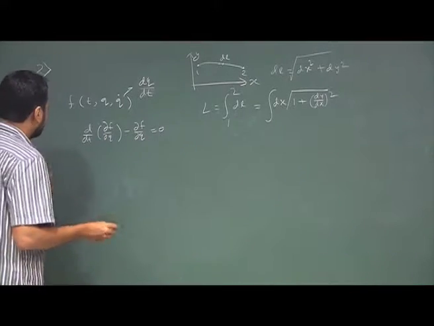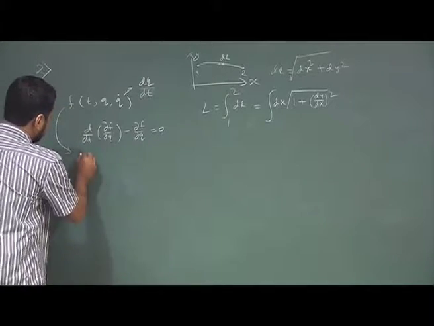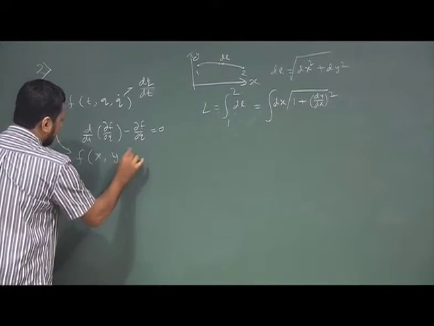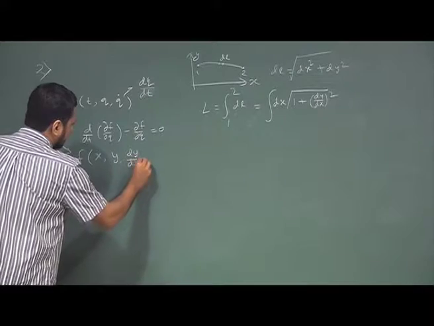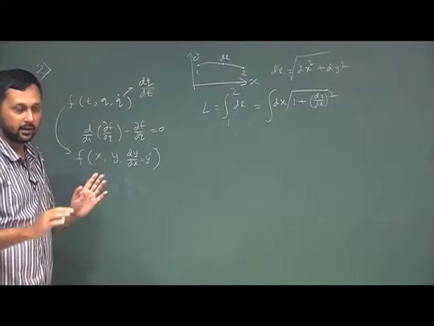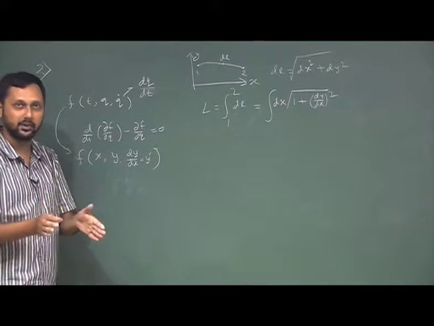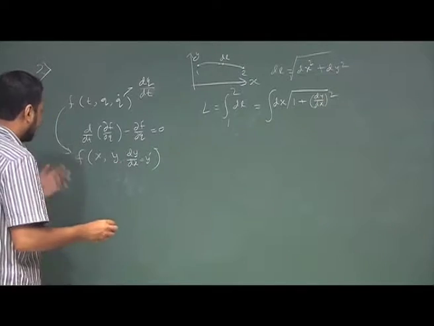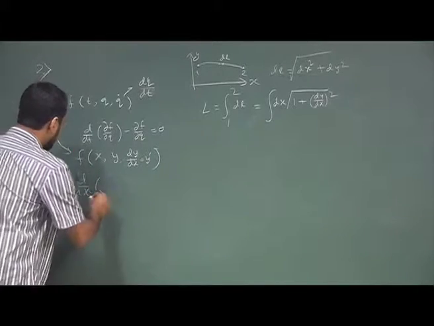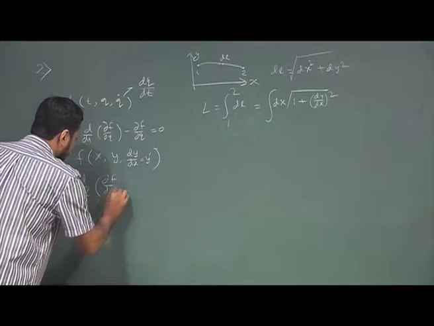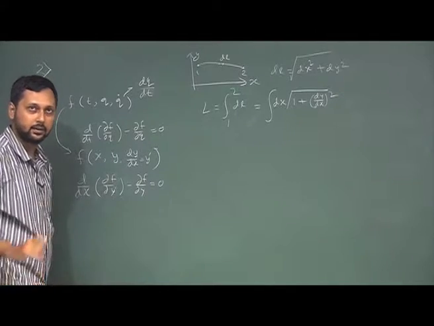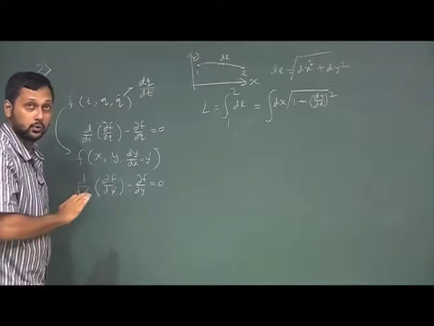What I am trying to tell you is, if I have any function of x, y and dy dx, which we will call y dashed, then using the same mathematics we have followed, for stationary integrals d dx of del f del y dashed minus del f del y will be equal to 0, right. So, this we can do.